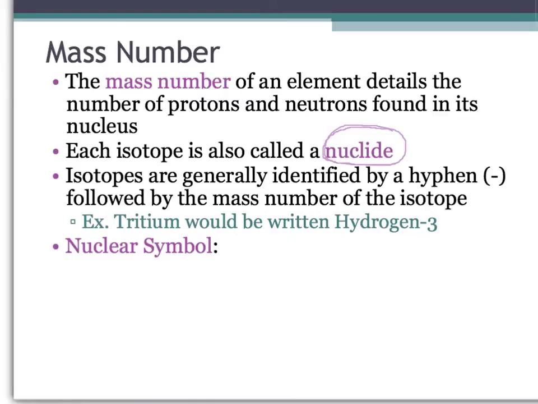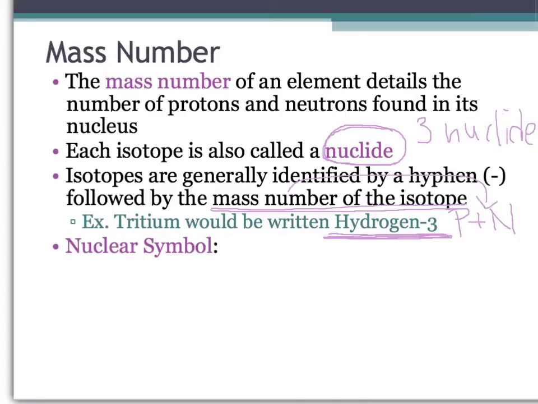It might say, these are the 3 nuclides of hydrogen, which just means the 3 versions of isotopes. A lot of times we will just write the name of the element, hydrogen, and then the number of the isotope, and the number of the isotope is determined by the total mass number, which, as you hopefully remember, is the number of protons plus the number of neutrons. That's how we get the mass number for an atom.